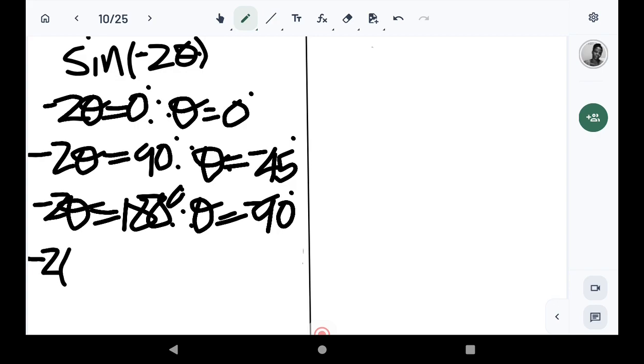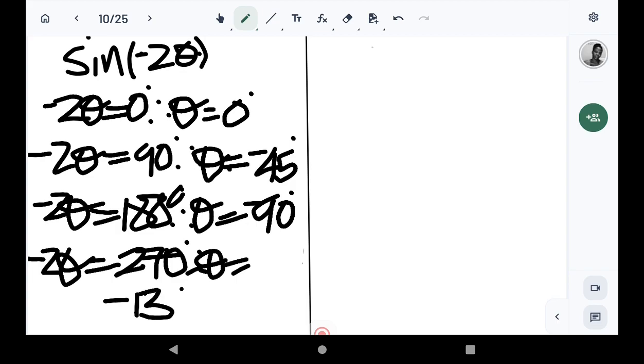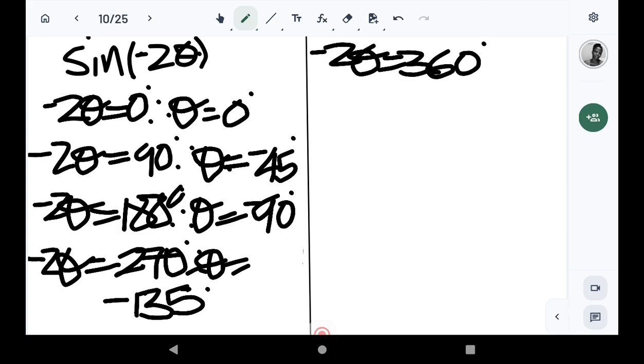Negative 2 theta equals 270, therefore theta equals 270 divided by negative 2, that is negative 135 degrees. The last one, negative 2 theta equals 360, therefore theta equals negative 180.